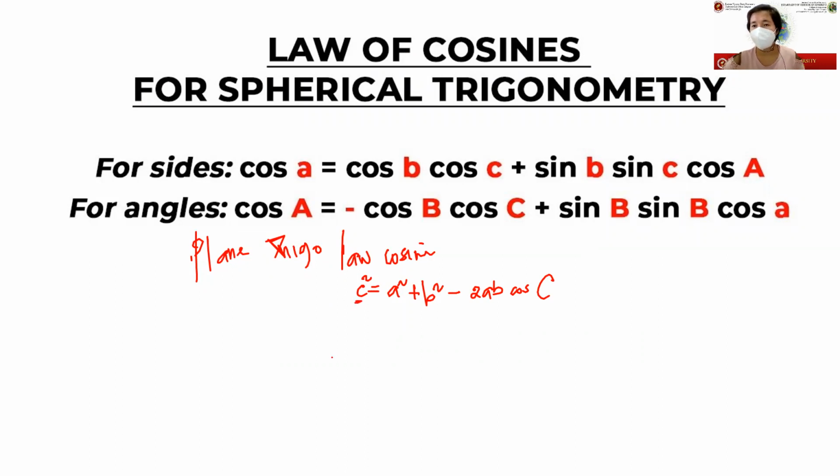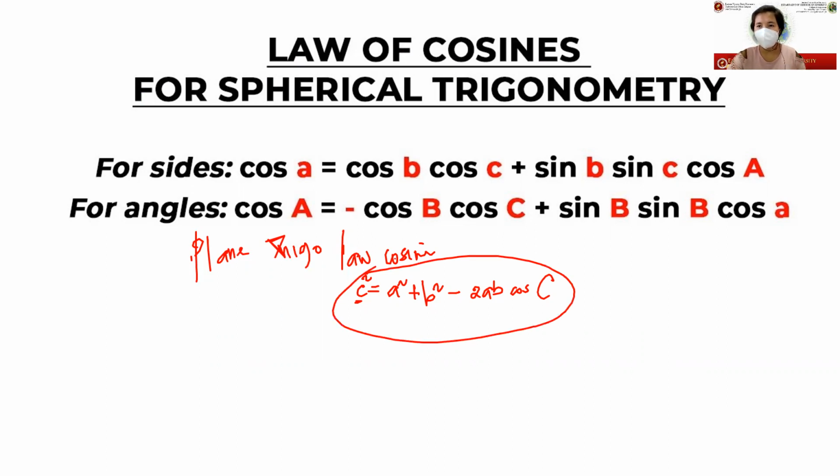We all know that this is the cosine law for the plane. For the spherical trigonometry, our basis is this formula here.